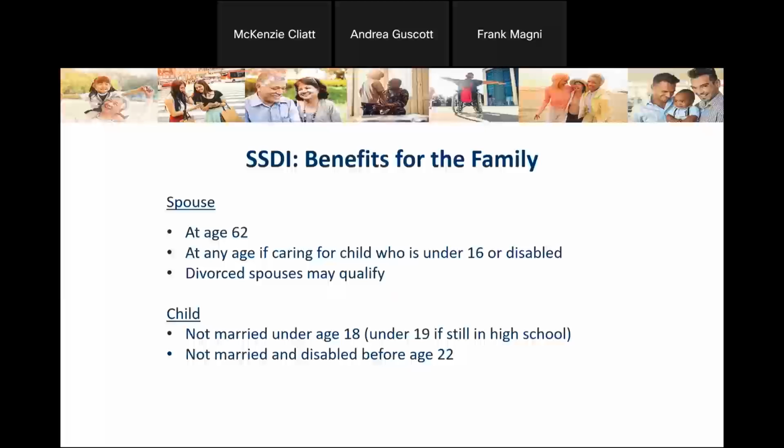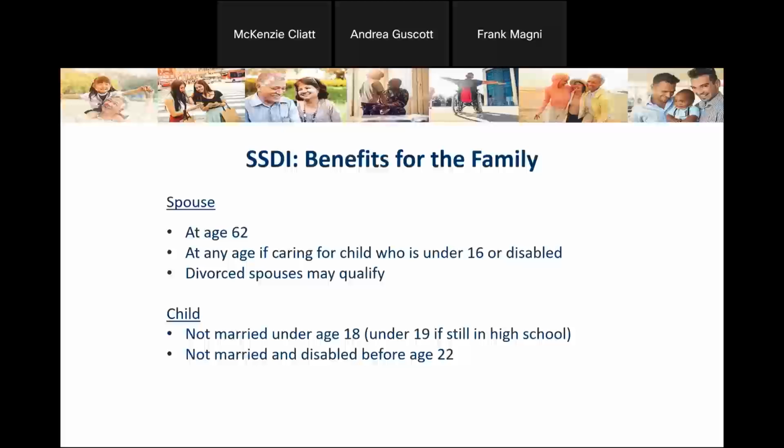If a spouse is age 62 or older, there are spousal benefits. There are also benefits for spouses of any age if they are caring for a child who is younger than 16 or disabled.